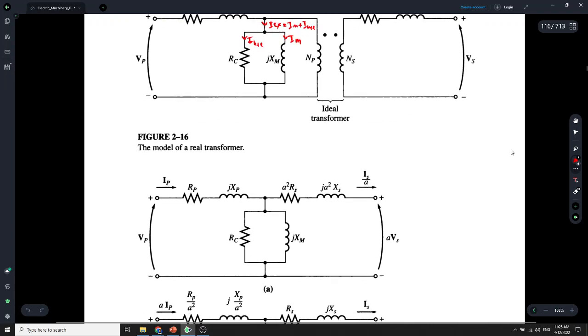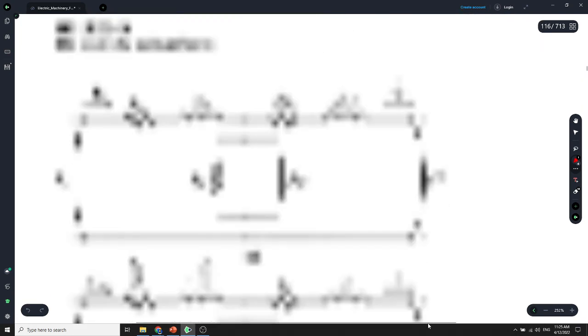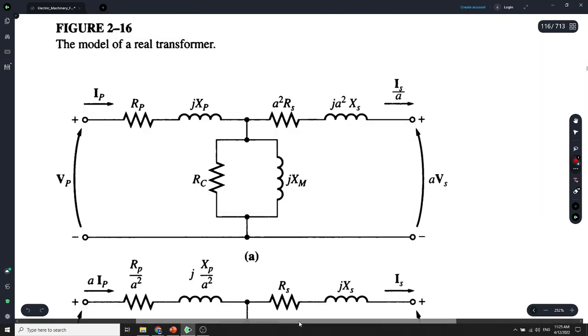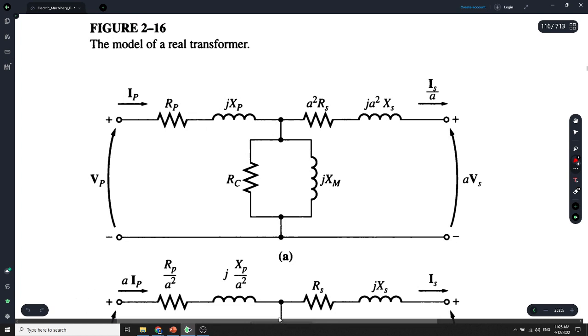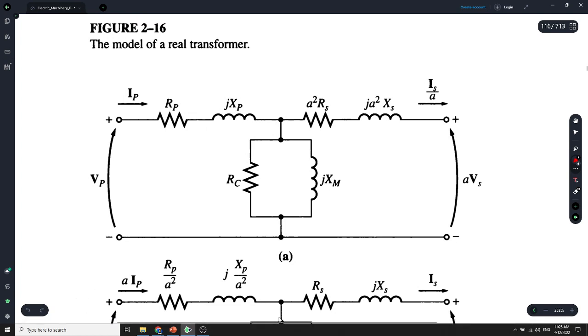As I mentioned, we need to refer, we need to translate. For this circuit, let me zoom in first. First, we refer the secondary side to the primary side.